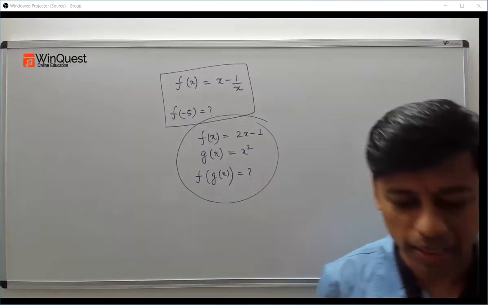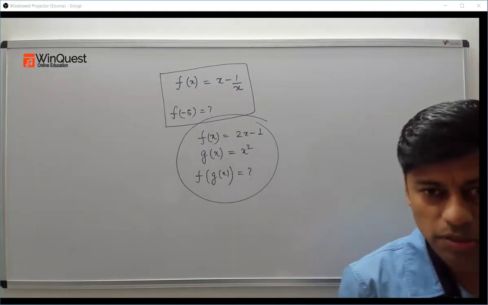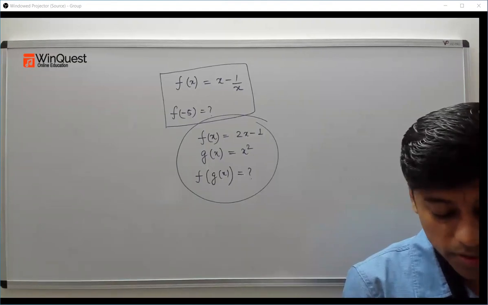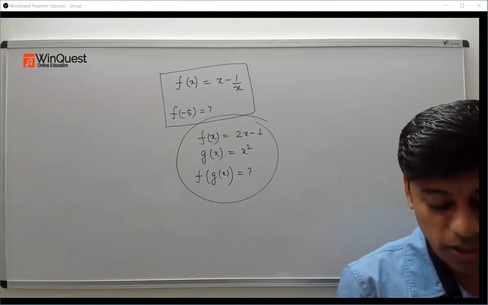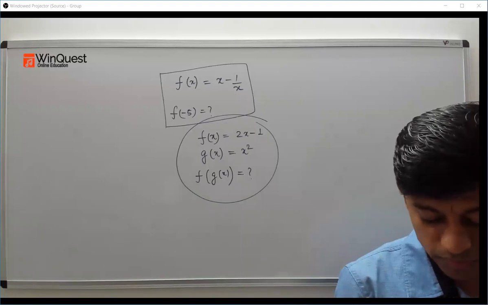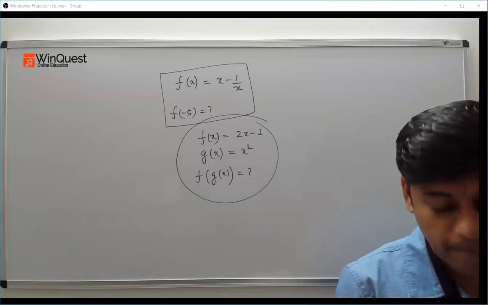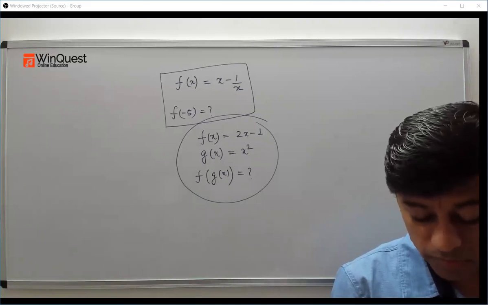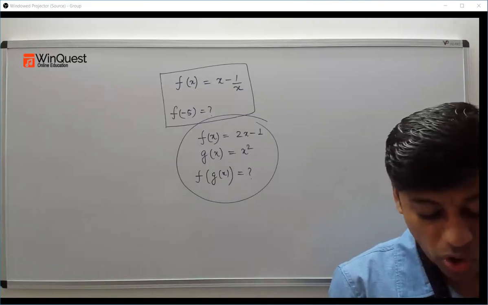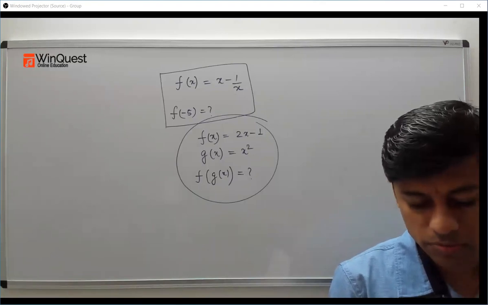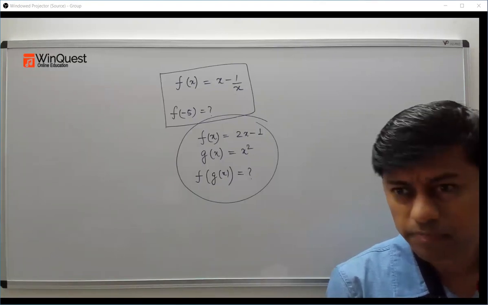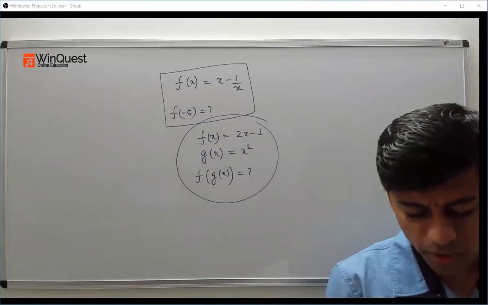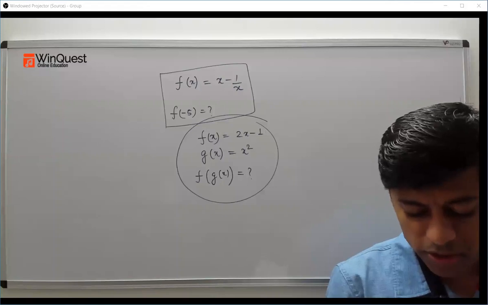I'll come to you, Arushi. Others, please. Did you all understand this question that I raised? Yeah, I agree with Arushi. Others, please. You just put the x into the f of x. g of x is equal to x squared, so substitute x squared into f of x, and that's how you solve it.